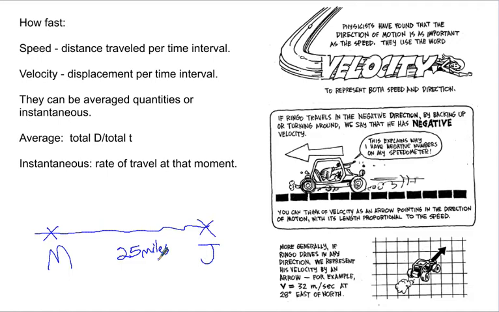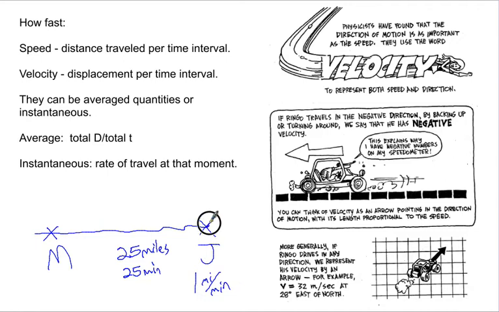Let's say it takes me 25 minutes to do this. So if I divide that out, I'm going 1 mile per minute. If my distance and displacement are the same, then my speed and my velocity are the same. Just with velocity I have to put a direction in.